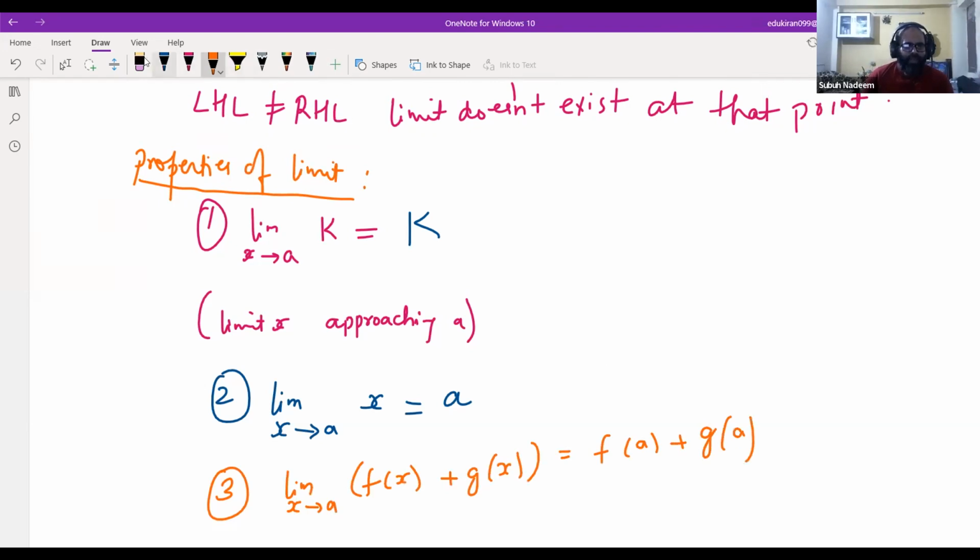Or you can say it like this. We don't know whether the limit exists or not. So we can say limit x approaching a f of x plus limit x approaching a g of x.